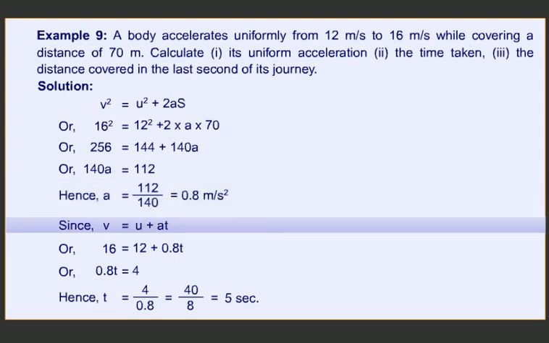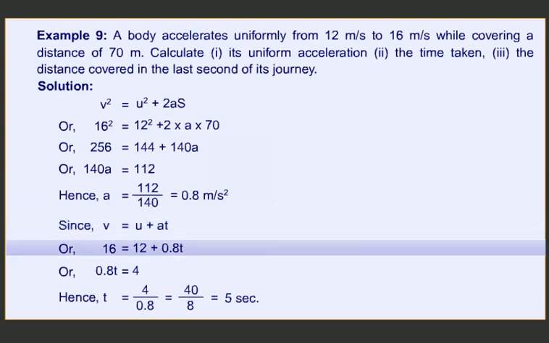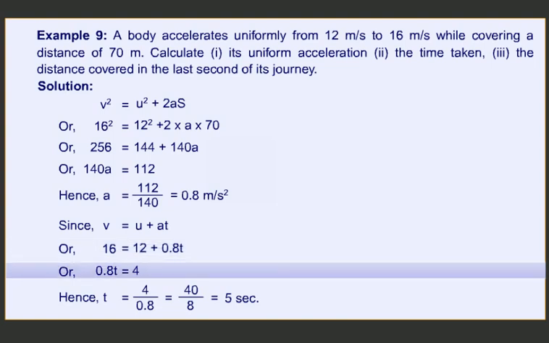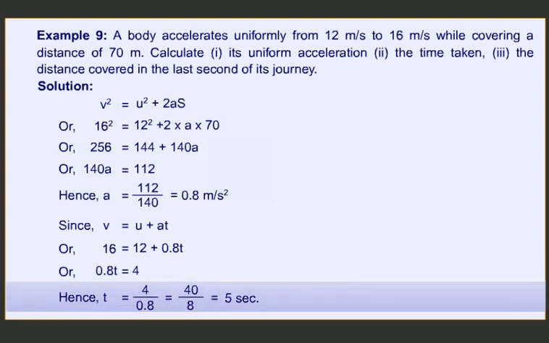Now again, we have v is equal to u plus at. We write 16 is equal to 12 plus 0.8 into t, or 0.8t is equal to 4. Hence, t is equal to 4 divided by 0.8, that is 40 by 8, which gives us 5 seconds.